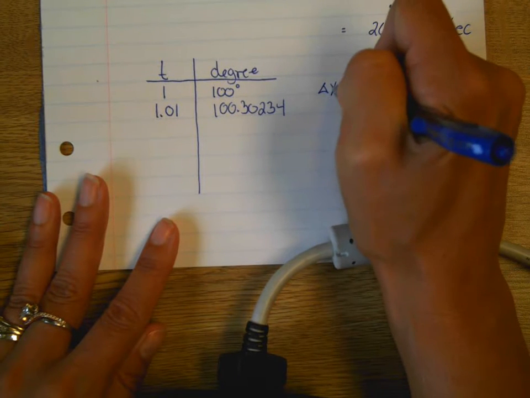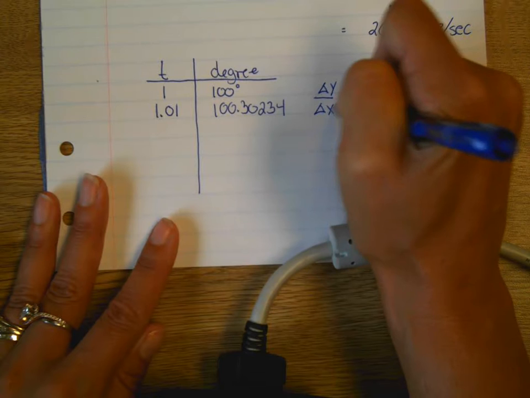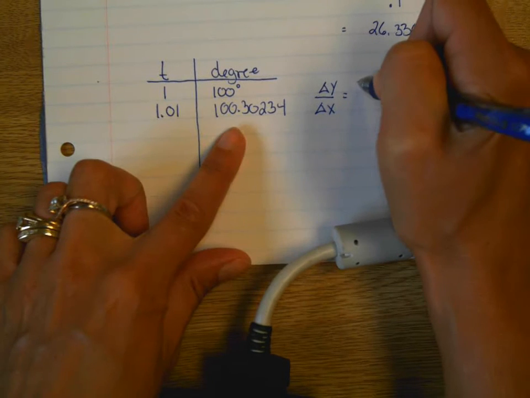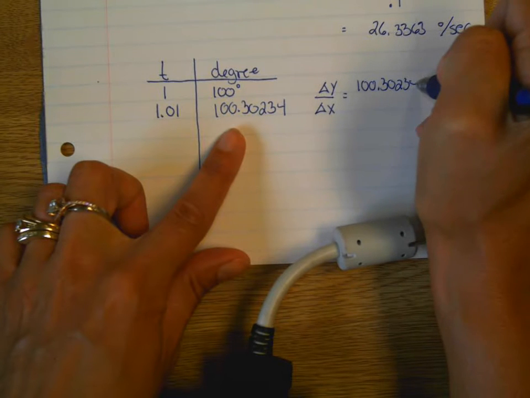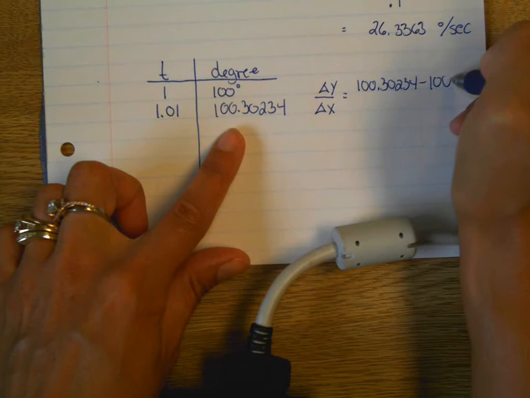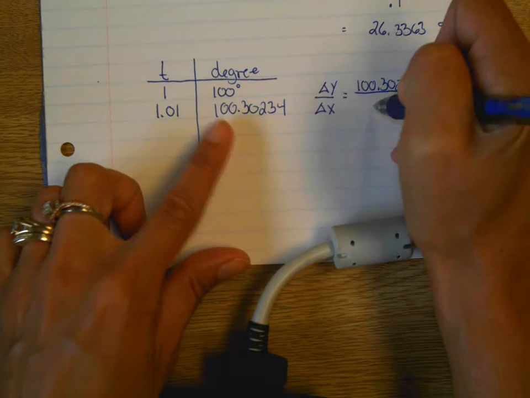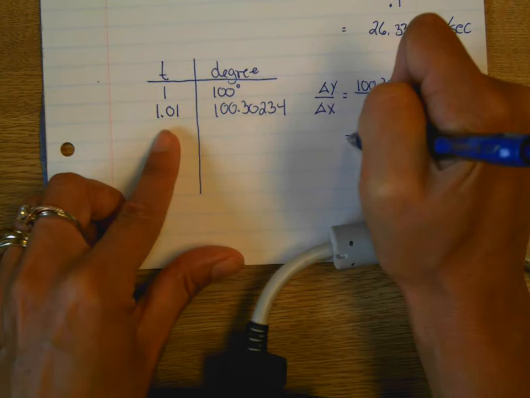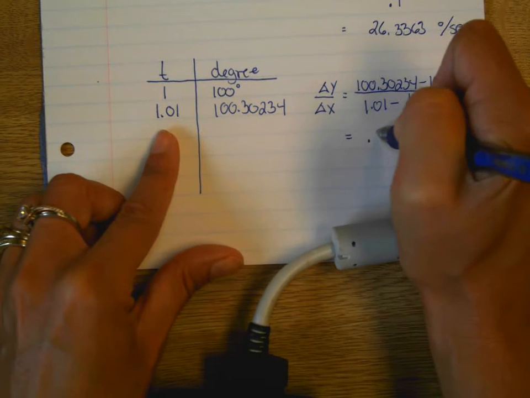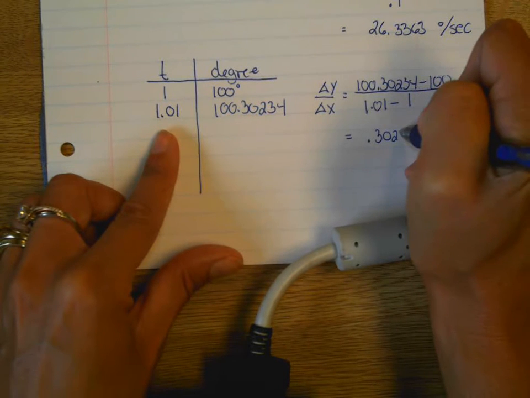Now I do the same rate of change. That's change in y over change in x. So it's 100.30234 minus the 100, divided by 1.01 minus 1. So that will give me 0.30234 over 0.01.